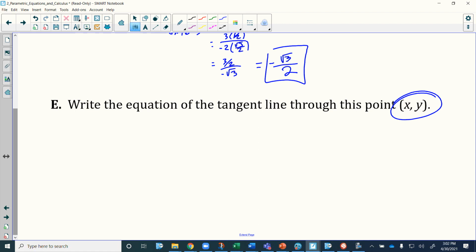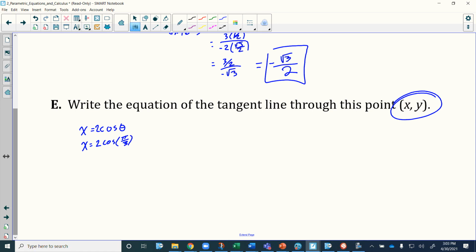So in this case, I'm going to find my x-coordinate from my parametric equation by just substituting the theta that we had into it. So remember the original x equation of the parametric function was just x is equal to 2 cosine of theta. So here, substitute theta into there, and I'm going to get 2 cosine pi over 3.